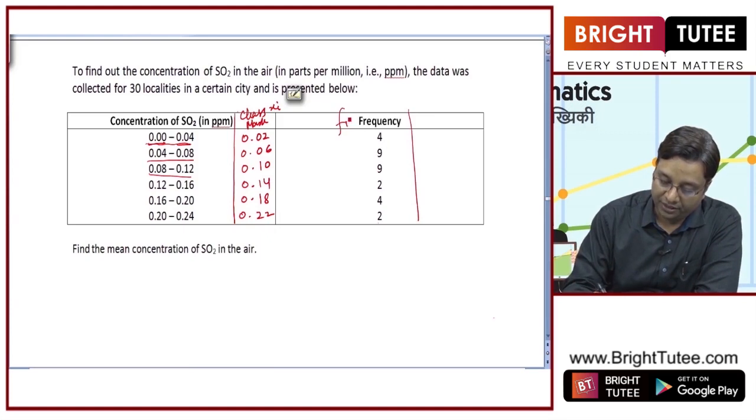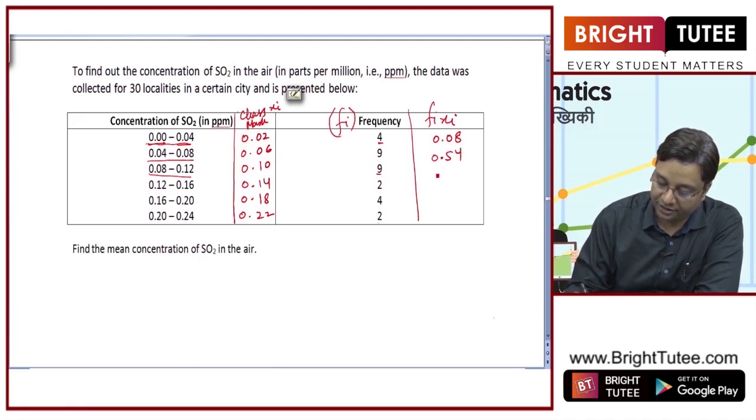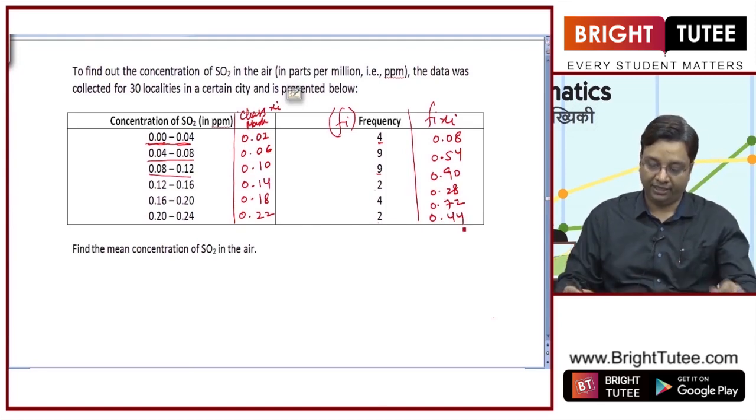So this is Fi. Now I'll talk about Fi xi here. 4 into 2 is 8, so it will be 0.08. 9 into 6 is 54, so 0.54. This is 0.90. This is 0.28. This is 0.72 and 0.44 here, right?